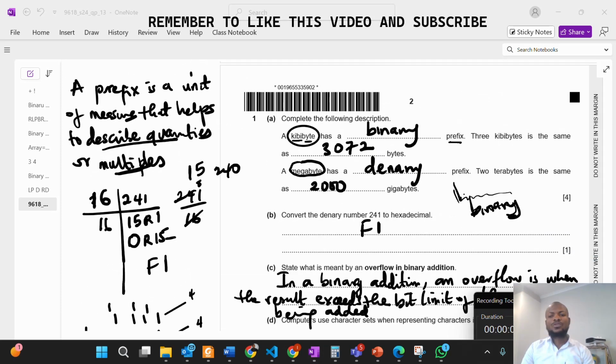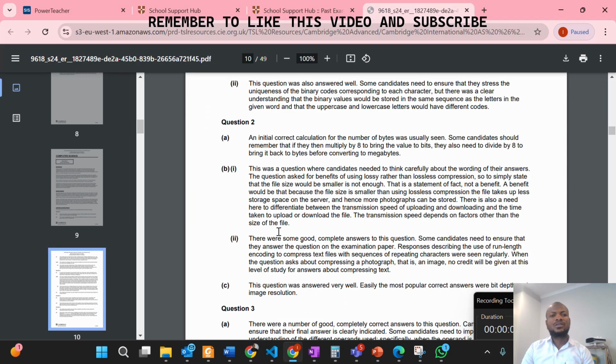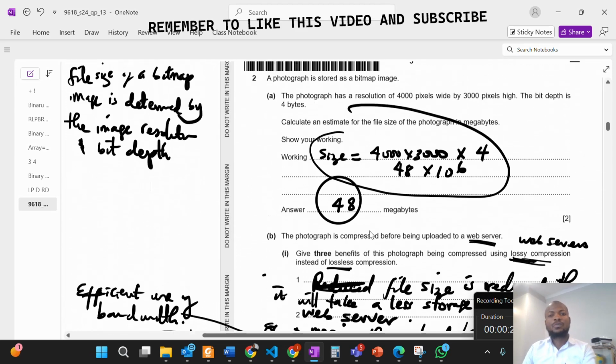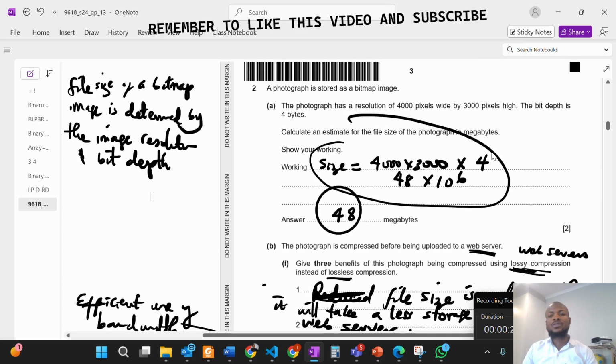After this has been solved, let's take a look at the examiner's report on question 2. For 2A, an initial correct calculation for the number of bytes was usually seen. Some candidates multiplied by 8, instead of by 4,000 times 4.